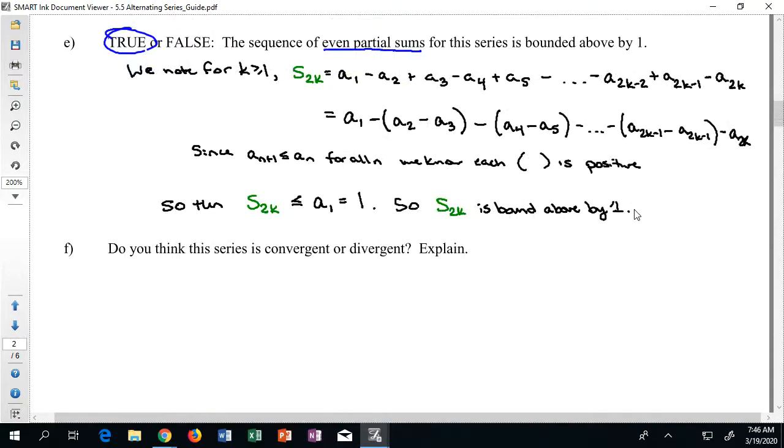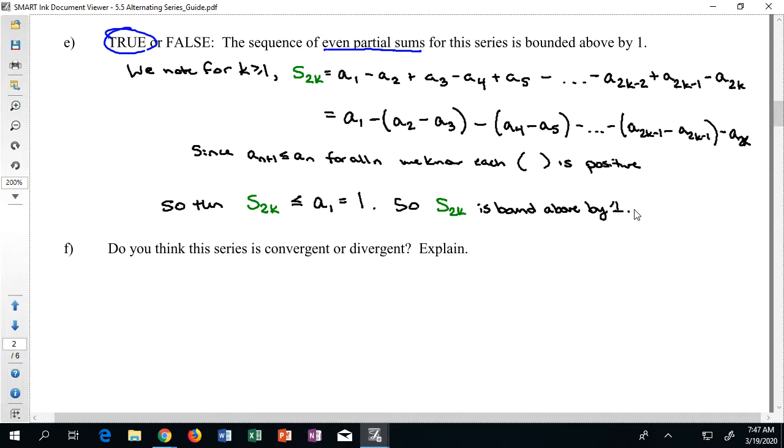This seems interesting. So here's my question. It's similar to part F, but not exactly what part F states. What would you conclude about the sequence of these blue values? What would you conclude about S sub 2k if we know that it's increasing and we know that it's bounded above by 1?